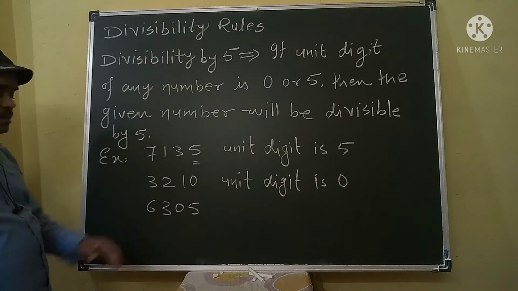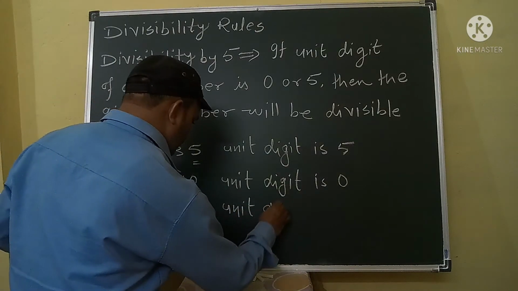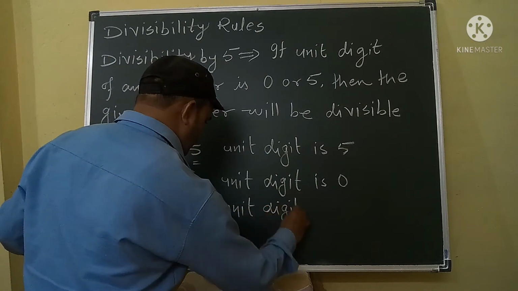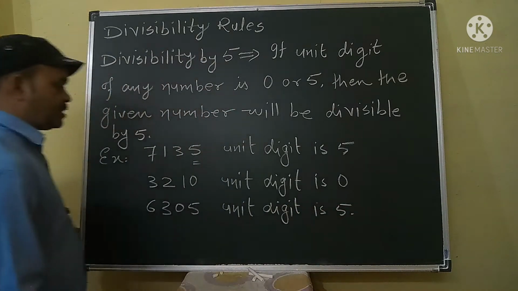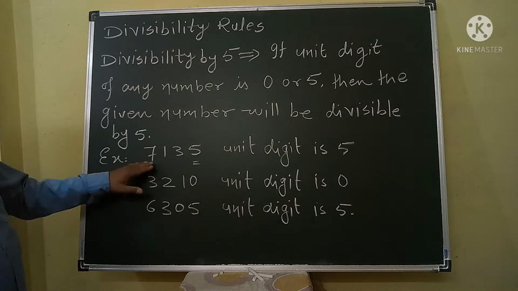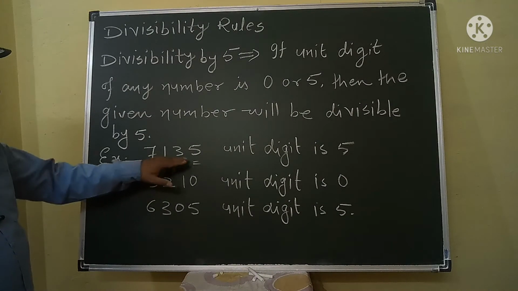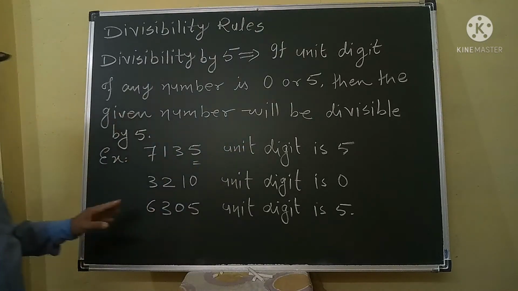In 6305, unit digit is 5. As you are looking, in 7135, unit digit is 5.